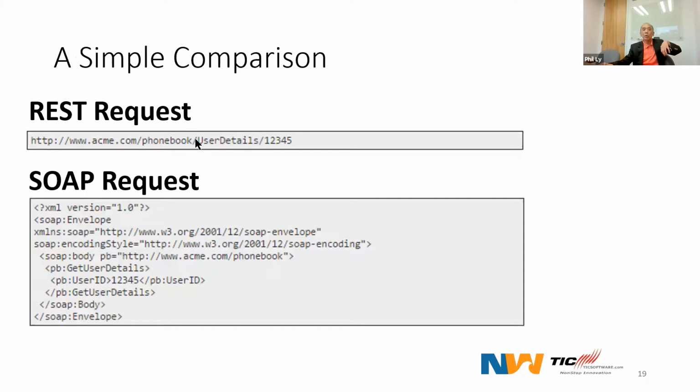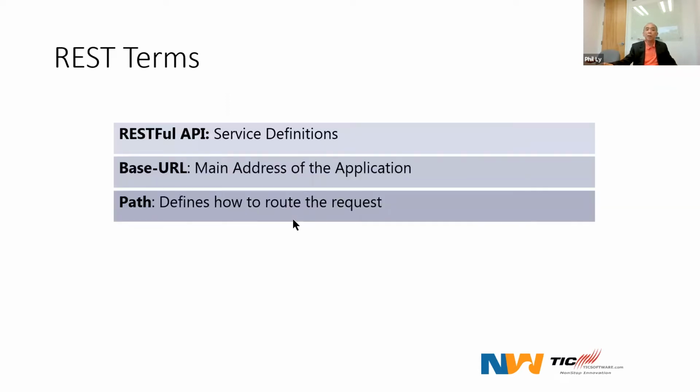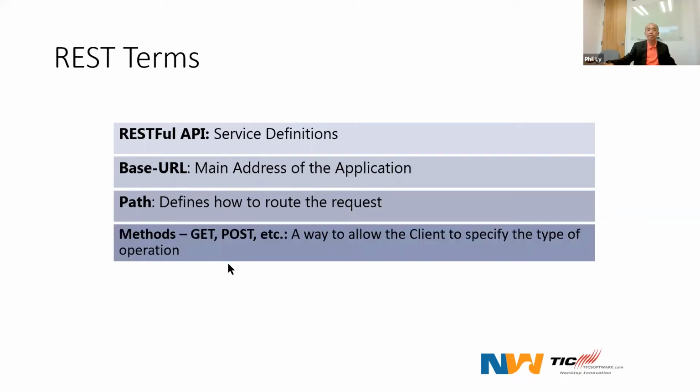That means I actually want to go to the phone book file, go to the user details field, and read the value 1, 2, 3, 4, 5. So that allows you to use the path to define how to route the request without having to define it in the payload. And LightWave allows you to define that dynamically, how you want to route it to get there.